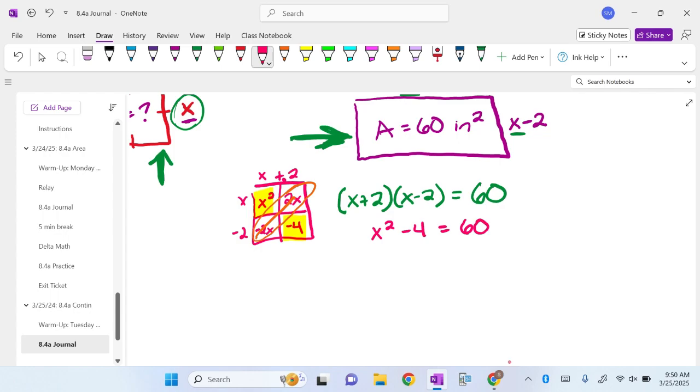Now, review from last unit. Does anyone remember what this is called? What type of polynomial this is called? Well, it is a binomial, but factoring wise, what type of special binomial is this? It's a what? Not perfect square, but you're close.